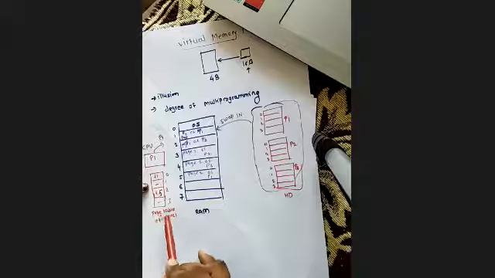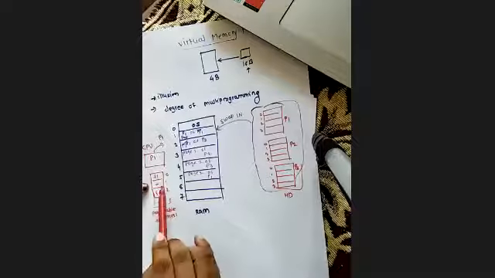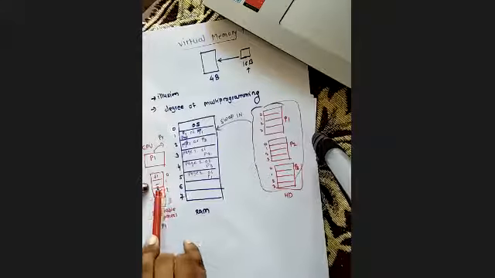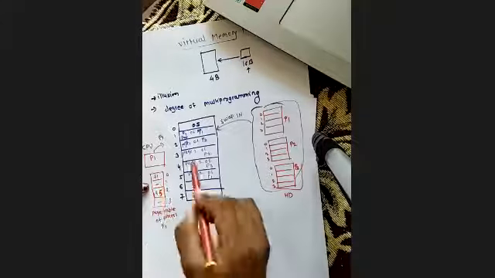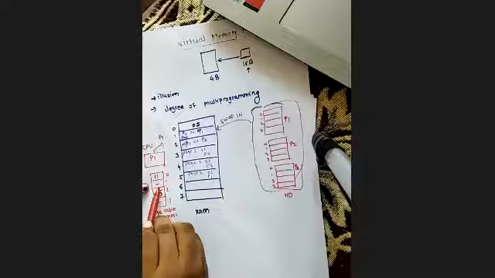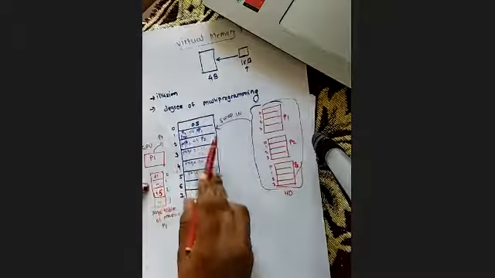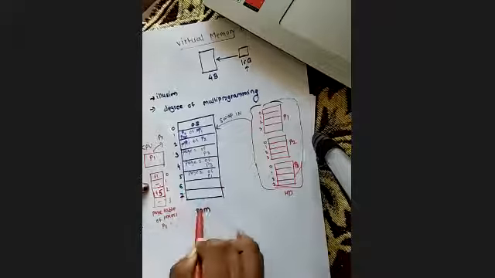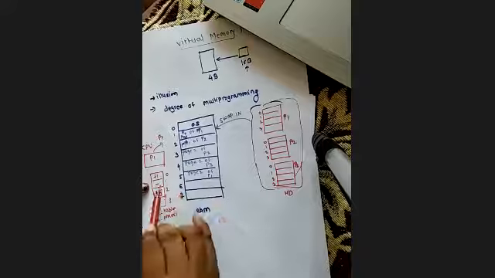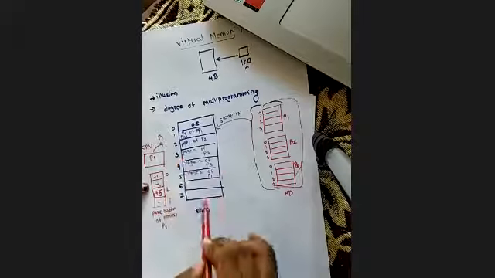But now when we are checking out in this page table, whether this page is available here, there is no entry available for this page 1, isn't it? Why it is not available? Because this page is currently not available in this RAM. अभी इस टाइम पे ये page 1 जो है इस RAM में नहीं है.